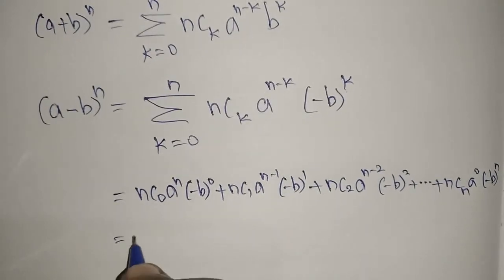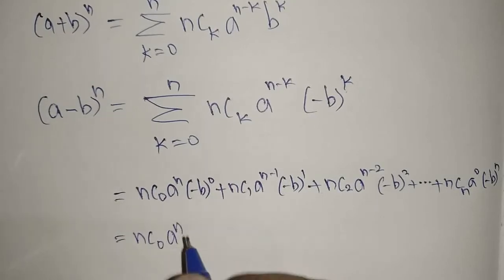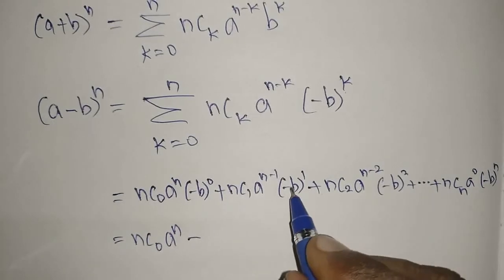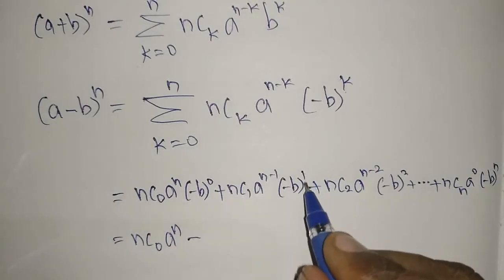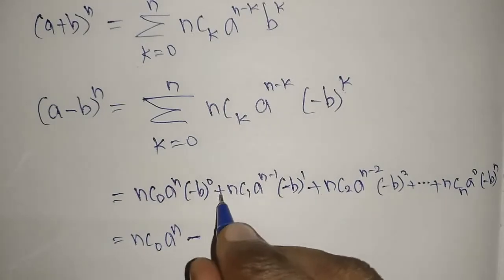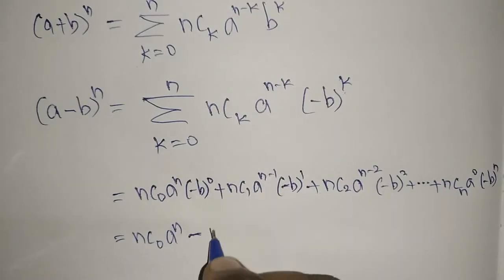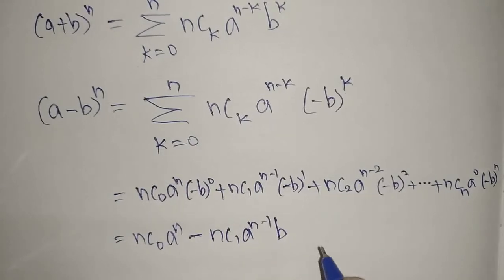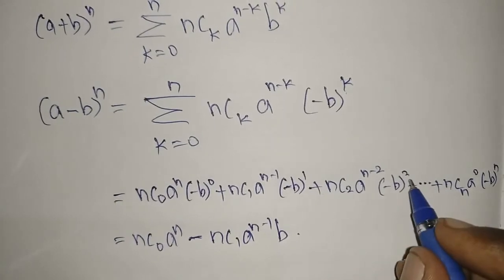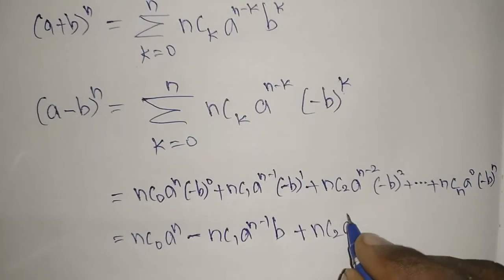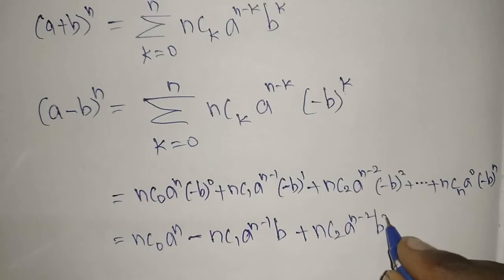See this, nC0 a^n, anything power 0 is 1, leave it. See here, b power 1 is there, means negative whole power 1, here you will definitely get negative, plus into minus is minus, so minus nC1 a^(n-1) b^1. And here the square, in the sense, will definitely give plus, so nC2 a^(n-2) b^2.